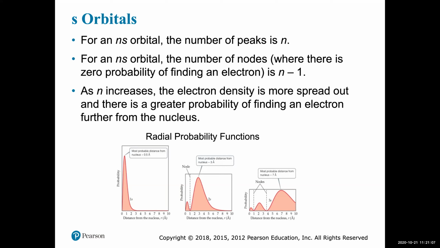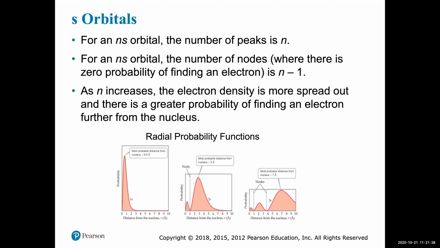As we go to 2s, we see two nodes now, where we see some likelihood close, then it dips down to a little bit of likelihood, but the more probable distance is a little further out.